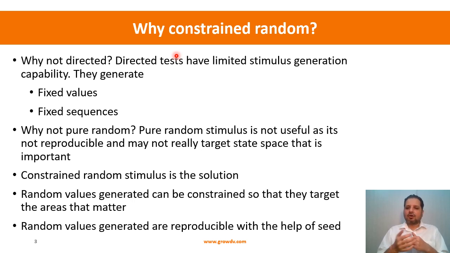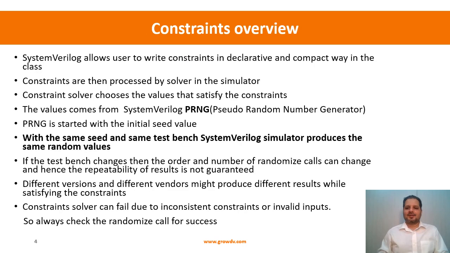Now let's look into the details of the constraint construct. Okay, so SystemVerilog, the way a constraint construct has been defined is it works in a declarative way, and because of its declarative nature, it becomes a very compact way to express our logic, and we don't have to worry about the control flow that's required to implement the logic.